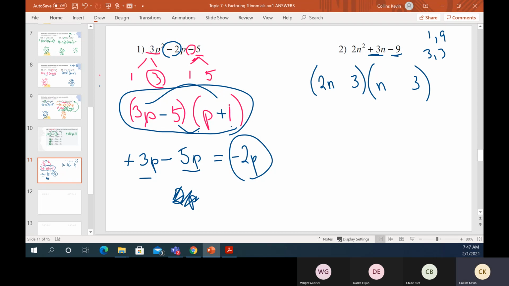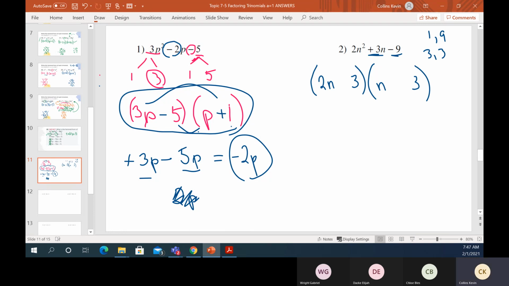So do we need to multiply by the 2 and make that positive, or do we need to multiply by the n and make it positive? Which one should be positive here, the first one or the second one? Okay, so let's try the first.